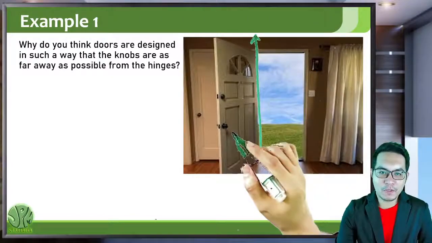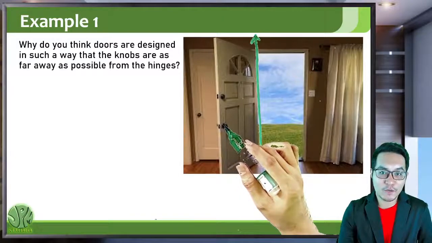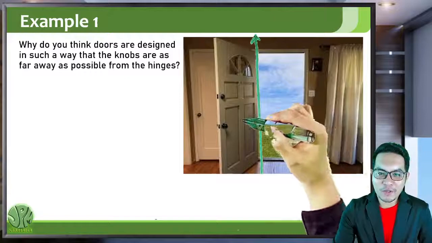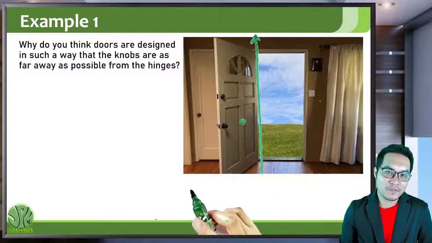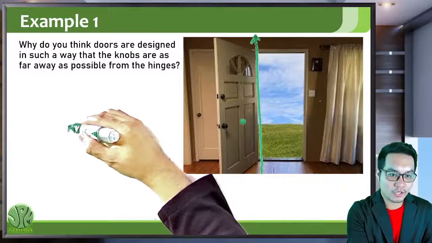Now, if you notice, the doorknobs are on the other edge of the door. Why do you think that is? Why are there no doorknobs at the center of the door? It takes into account the torque.